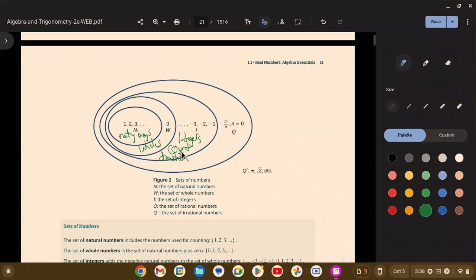And then Q is the rational numbers. And then anything that's not a part of any of that is irrational. Or outside of the box. Number exists because it exists. Cool.